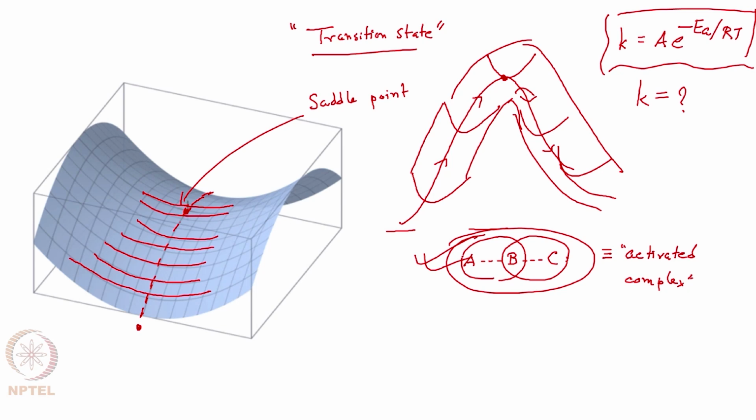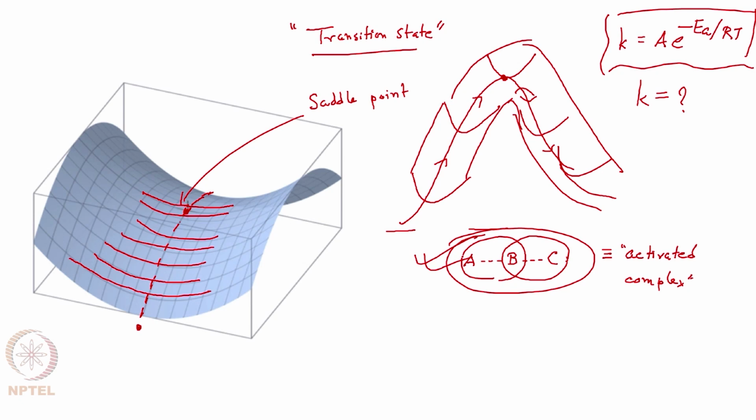By properties we mean the statistical properties, which we already studied, and if I know those properties, then I can calculate the rate constant. And that was the entire argument of Eyring and Polanyi.